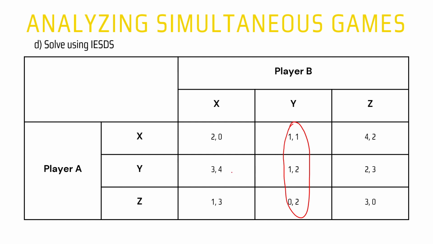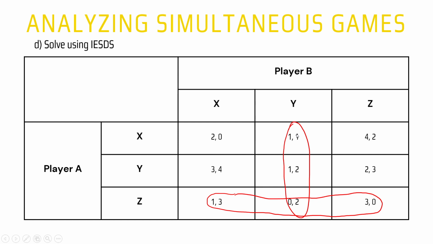How about here in the second row? We can see here that there are no dominated strategies. Well, there are weakly dominated strategies. However, there are none that are being strongly dominated. So there are none that can be eliminated for this row. But the last row, all of them are being strongly dominated by the other strategies. Therefore, we can eliminate this strategy.